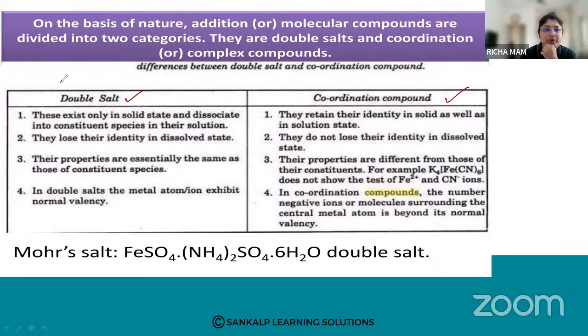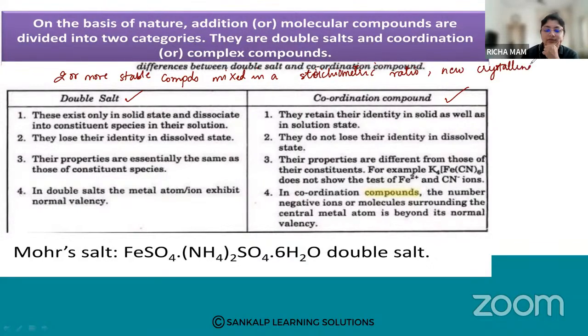Understood? When two or more stable compounds are mixed in a stoichiometric ratio, new crystalline compounds are formed, and these are called addition compounds.